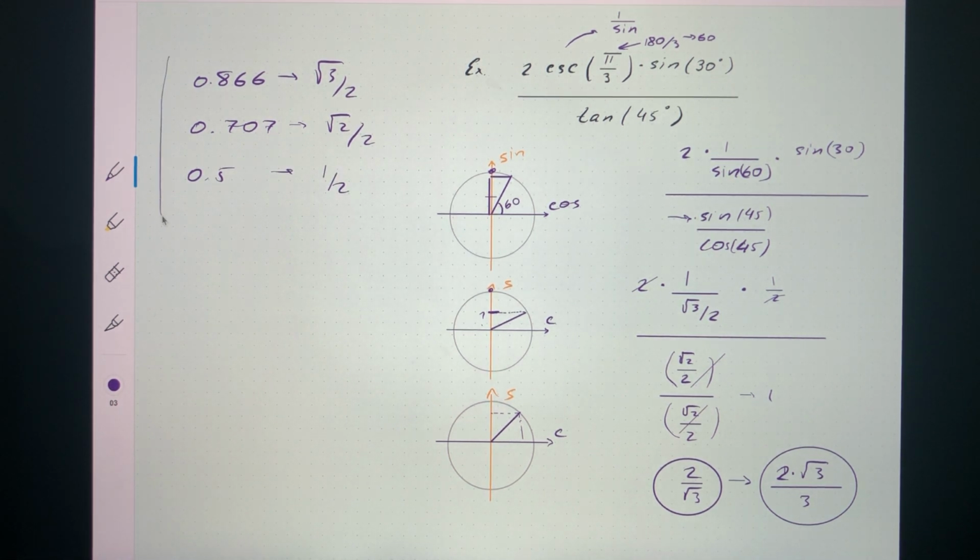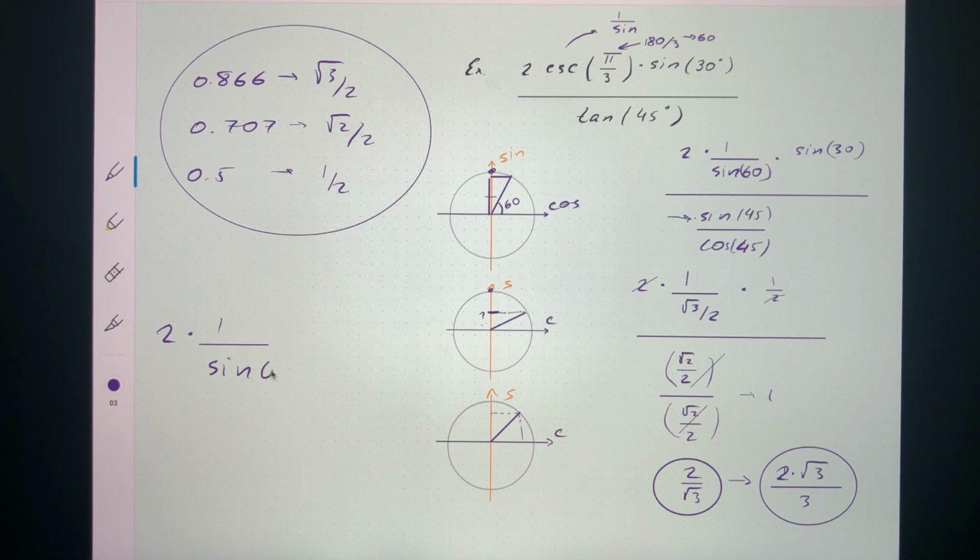So knowing these, we can use just a calculator to do the same. So we have 2 times cosecant, which is 1 over sine of 60, times sine 30, divide tangent 45. So we type in sine 60.